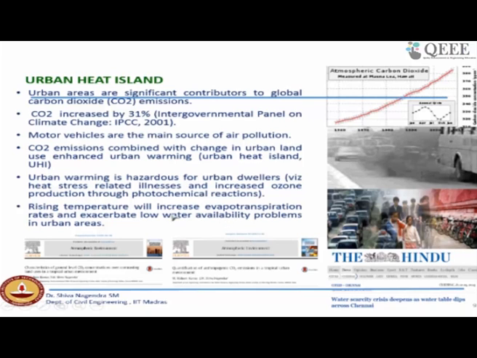Yes, there is some linkage. If rising temperature happens because of an increase in CO2 concentration in the urban area, the ground level temperature increases, hence the evapotranspiration rate also increases. More water will get evaporated, hence water scarcity can link to the increase in temperature and CO2 emissions in the urban area.